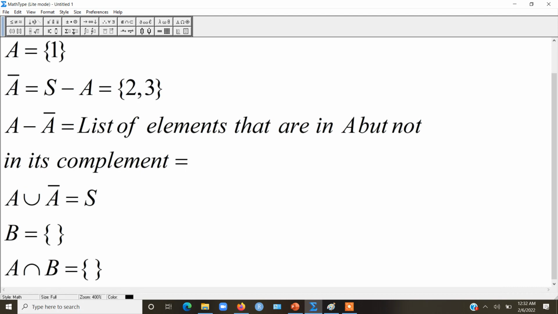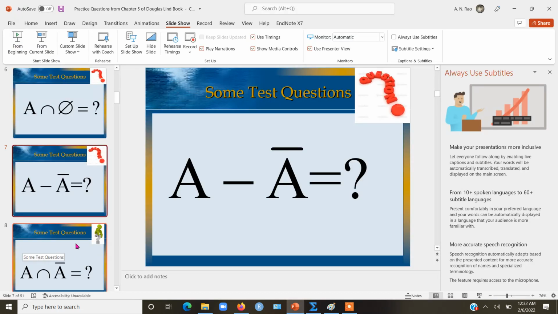All the elements in A are not in A complement, so I'll get back the set A. The difference between A and A complement will be A itself, right?